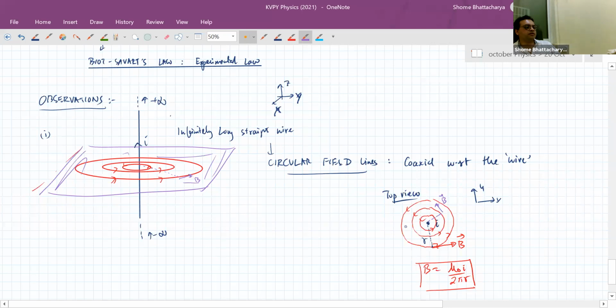At any other point like this, the magnetic field vector is like this. So they form circular closed loop type of field lines which follow this geometry. Yes, it weakens it. So it can really significantly weaken it such that it becomes negligible.